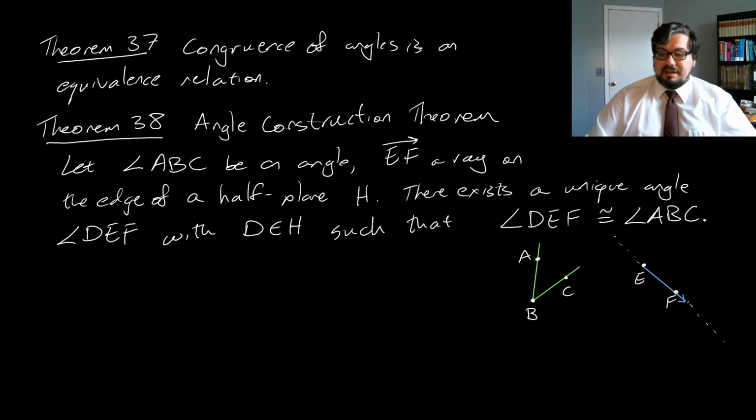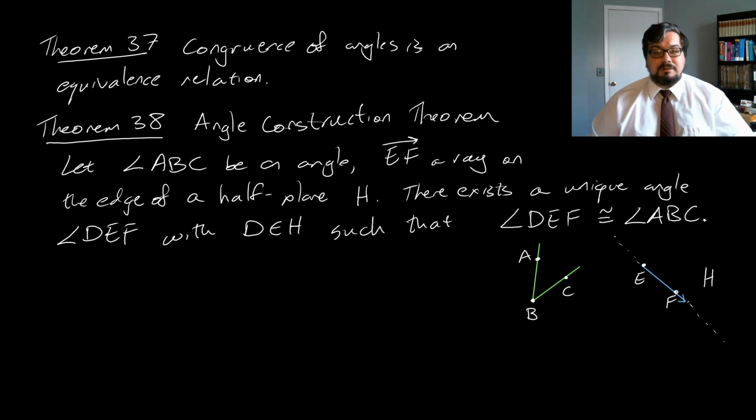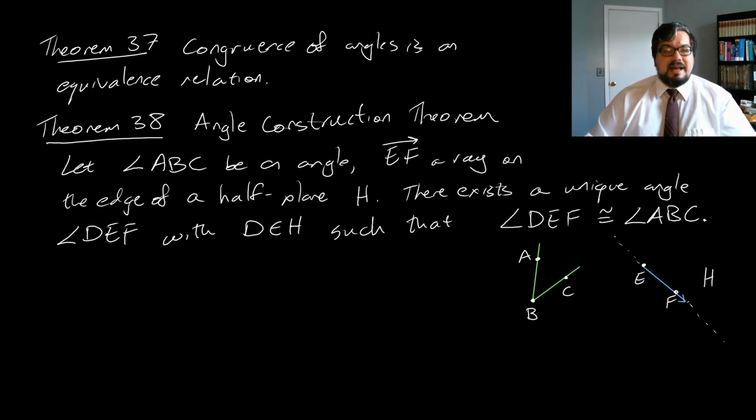Let's work with this half plane over here. And what this theorem is telling us is that there exists a unique angle DEF, where D sits in the half plane H, such that these two angles, the blue angle and the green angle, are congruent to one another.